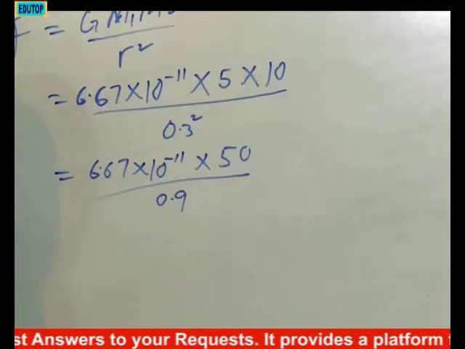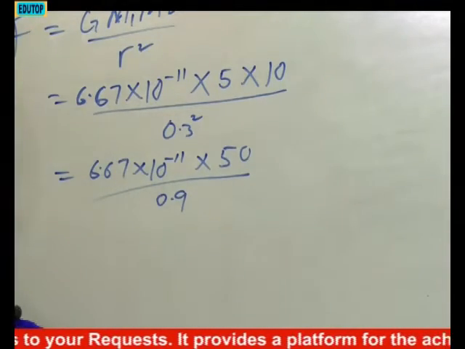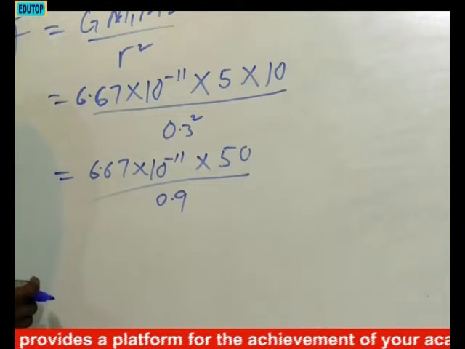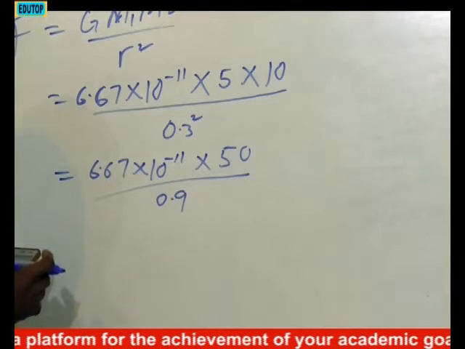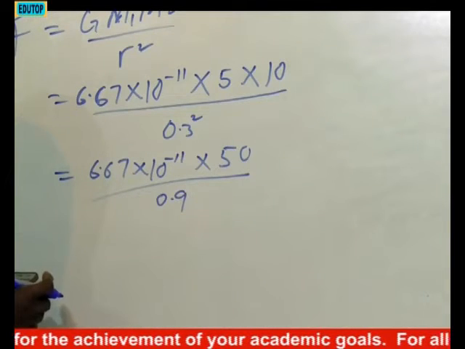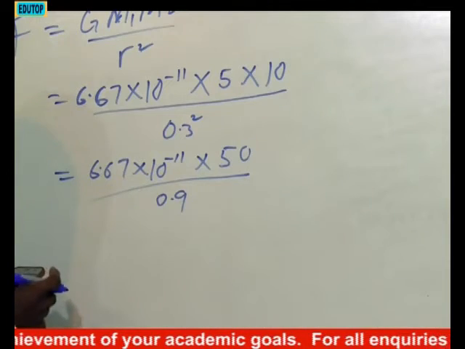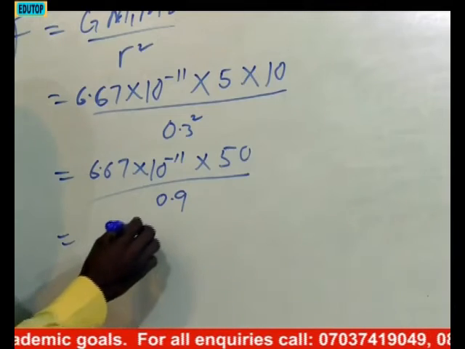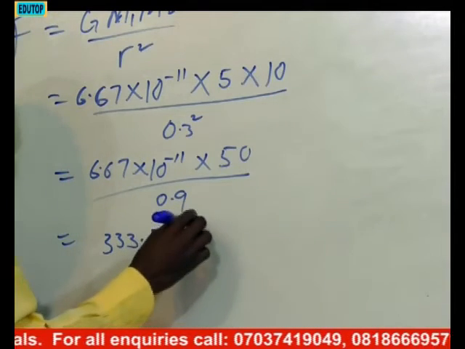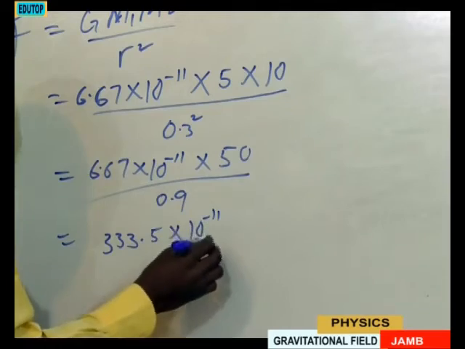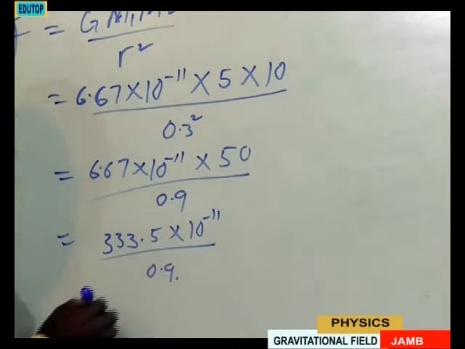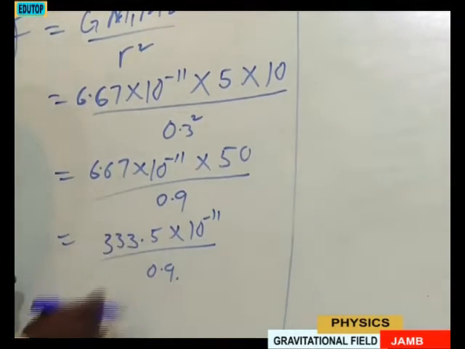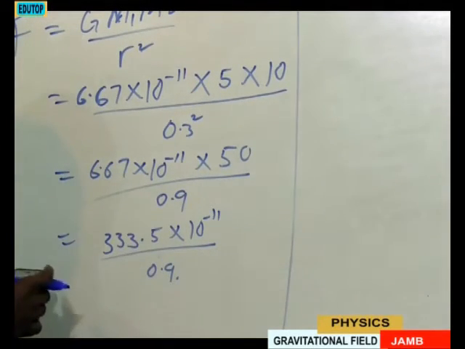Okay? So from there, we are going to evaluate this. We are going to have 6.67 multiplied by 50, which gives 333.5, all times 10 to the power minus 11 divided by 0.09. To evaluate it further, let's divide 333.5 by 0.09. What are we having?